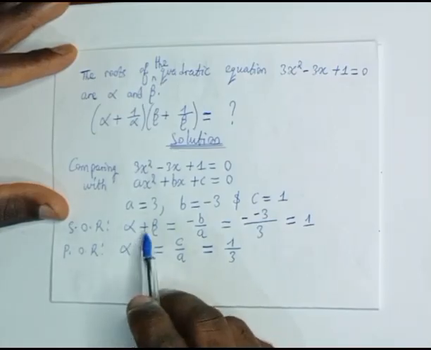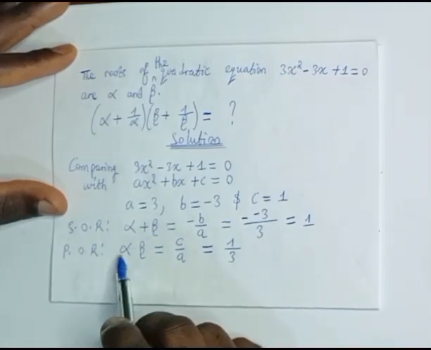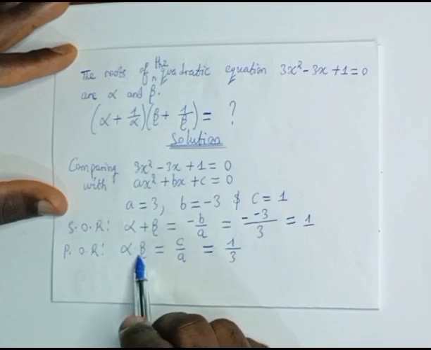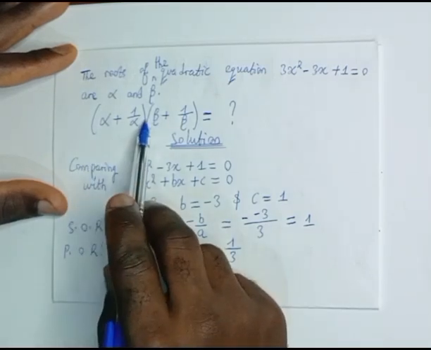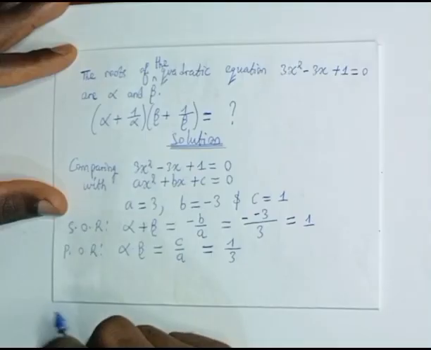We know alpha plus beta. We know alpha times beta. Now we can proceed to find this product.